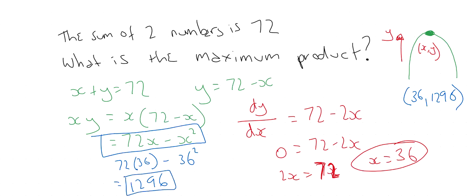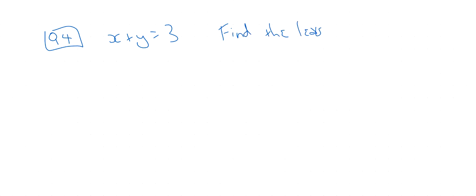All right, I'm actually going to do question 4 because I haven't asked you to do question 4. So we're going to do that one together. So question 4 tells us that x plus y equals 3. Now that's pretty easy, and you can see that we're going to do the same thing we did before. And it's actually asking us to find the least possible value of x squared plus 14y.